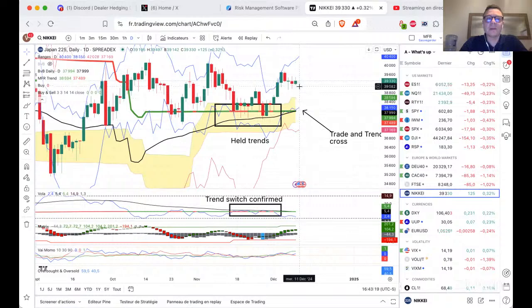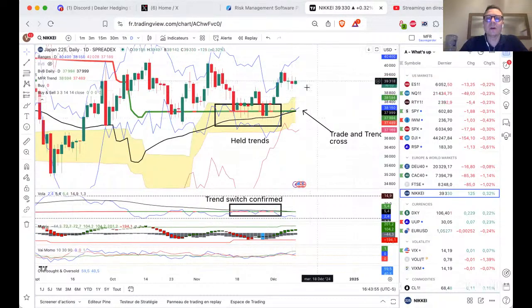There's a possibility that Nikkei is finally going to get out of the chop that it has experienced for months. So if I were interested to buy Nikkei, I would look for what's going to happen in the next 2 weeks. There may be a dip to buy with low risk, because you will have trade to cross trend, and even if it doesn't work ultimately, you will get a push higher when this thing happens.